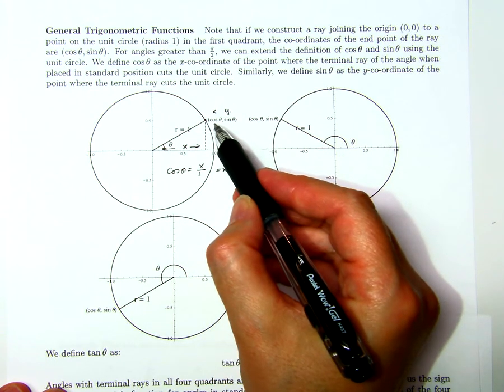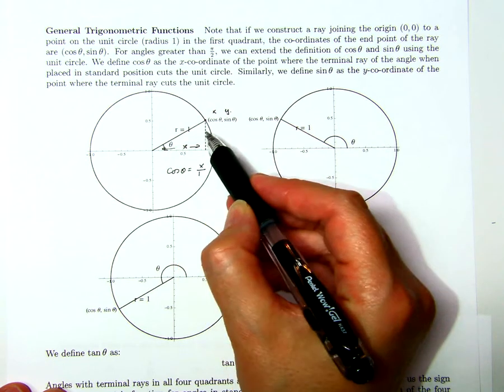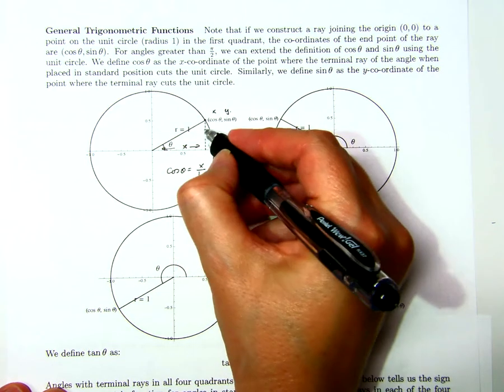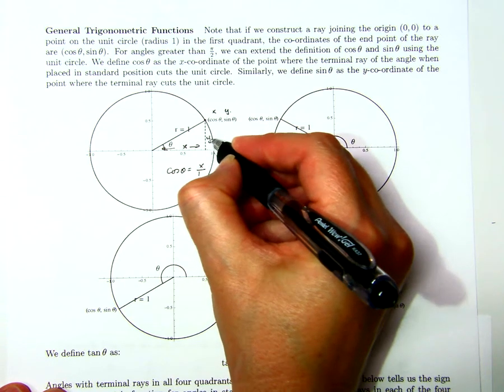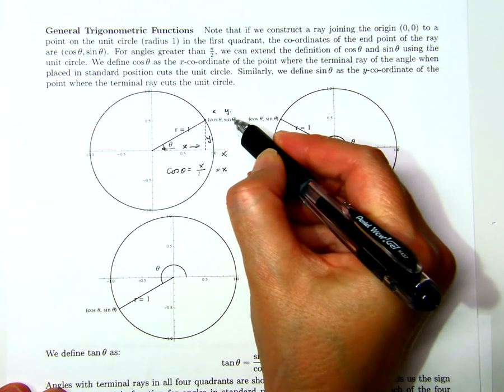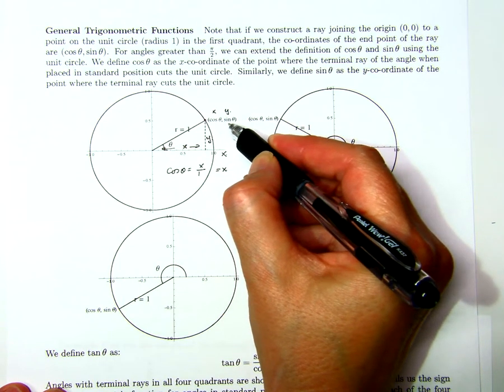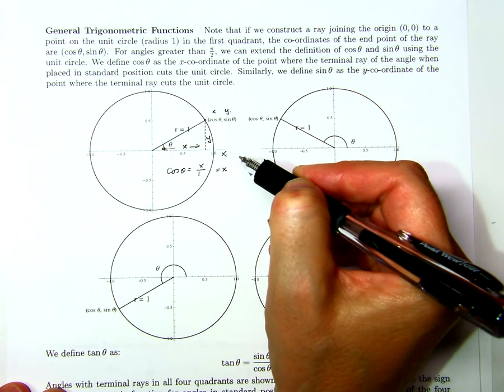So we have the first coordinate of this point is cosine of this angle theta, and similarly the height of this triangle is y, and the sine of theta is y over 1, which is y. So the second coordinate of this point is sine of theta.